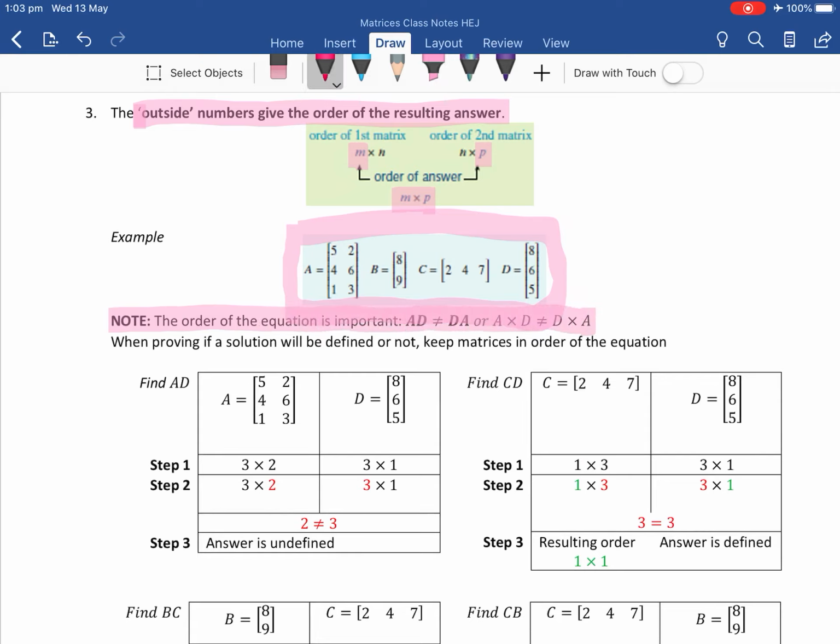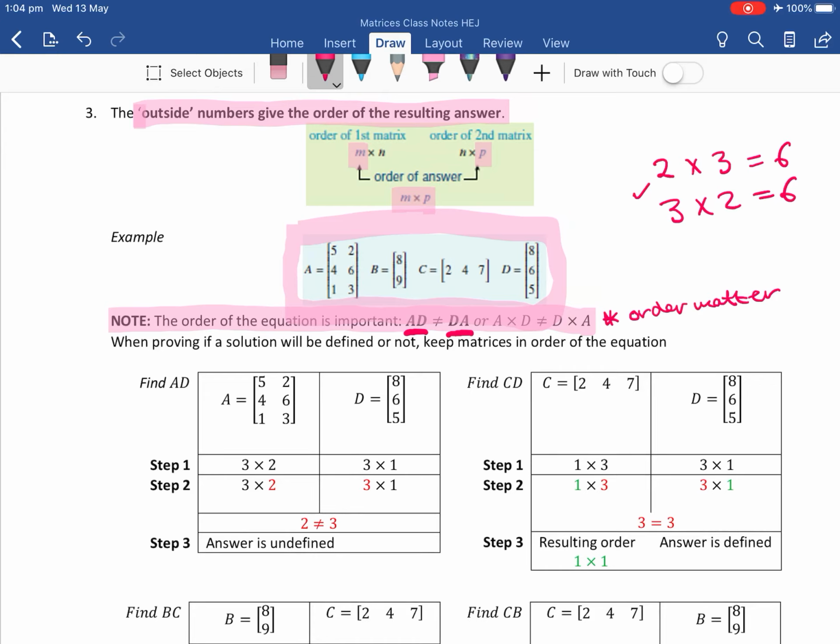It means A times D doesn't equal D times A. Usually, 2 times 3 equals 6, and 3 times 2 equals 6. So usually with multiplication, we call it the commutative law, they can be either way around. But when you're multiplying matrices, the order does matter. If you do it the other way around, they don't equal the same. That's what that note means.